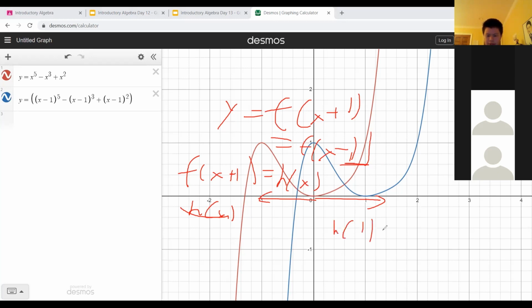So h(1) equals f(0), meaning that f(x) is x plus 1.